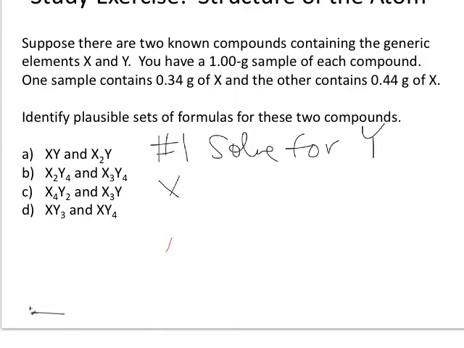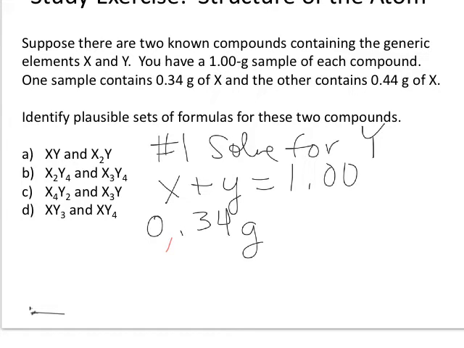So basically X plus Y equals 1.00, and you're given X. Let's do compound 1 first. You have 0.34 grams for compound X. You don't know Y, and they equal 1.00.